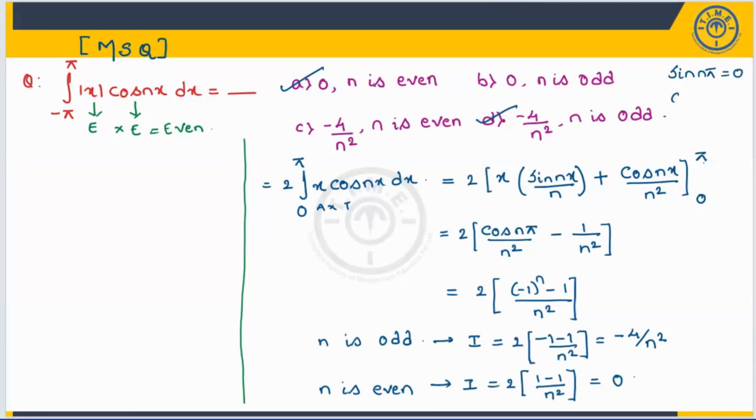Cos n pi is negative 1 to the power n. Now if I am applying the upper limit, sine n pi is 0 and cos n pi I have written. Minus the lower limit, 0 into sine 0, that is 0. Cos 0 is 1. Clear? Yes, sir. Clear. Right.